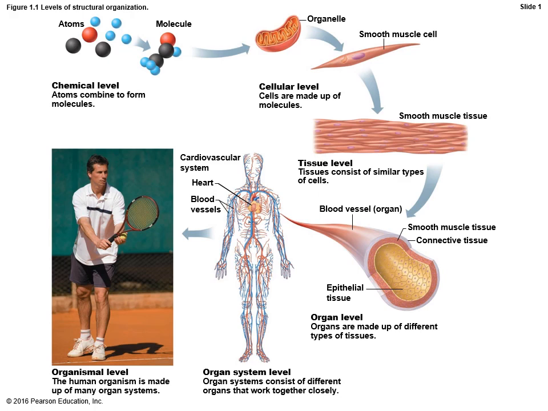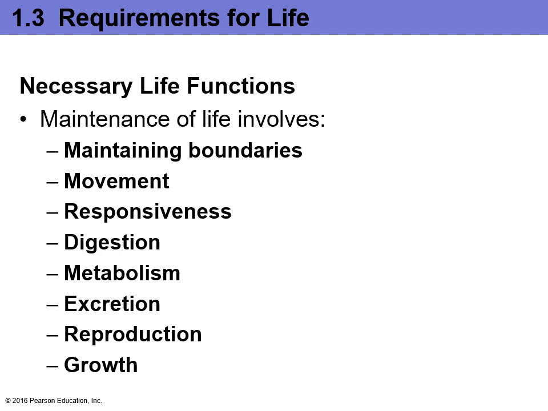As we continue our introduction, chapter 1 is going to bring up some things to keep in mind. So, for instance, in order for us to have a healthy, functioning body, there are certain maintenance and necessities that are important. For instance, things like maintaining boundaries.